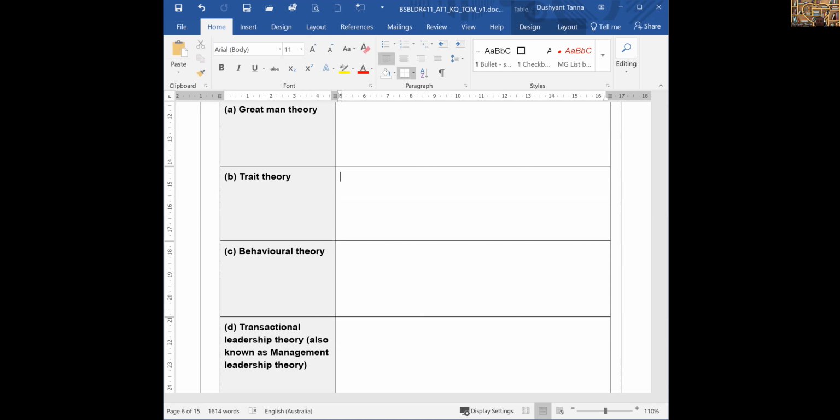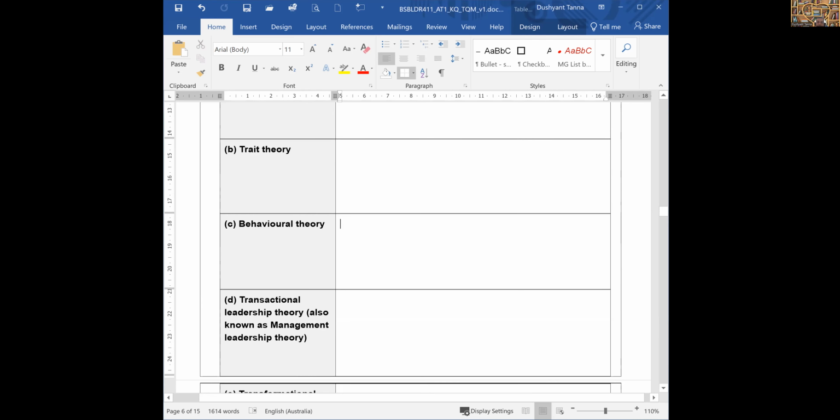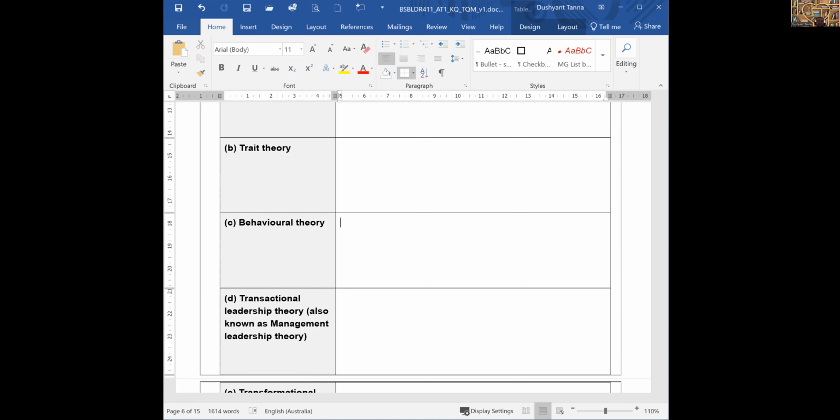Then we got behavioral theory. This theory suggests that the way a person behaves, as opposed to their innate qualities, is what determines their ability to lead. So how you behave in certain situations. It says an individual assumes certain behavior when faced with various circumstances, and these choices determine their leadership potential and results.